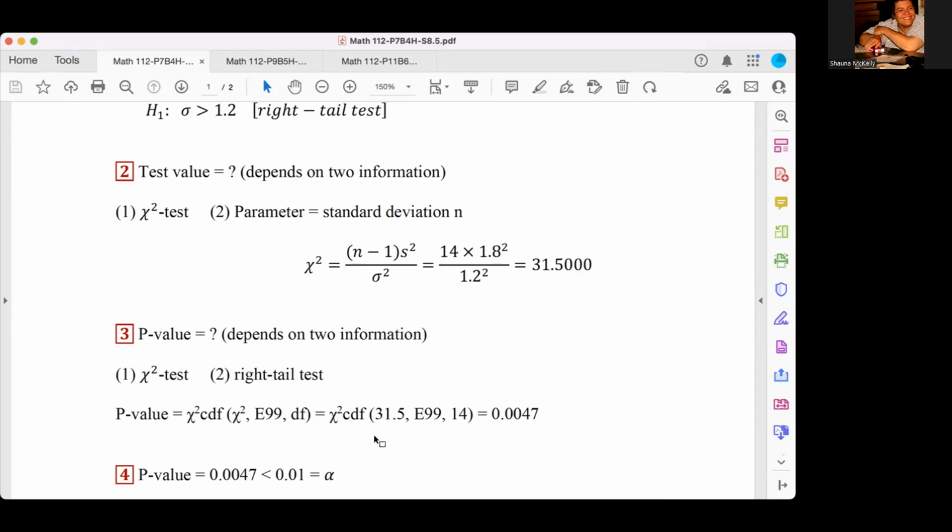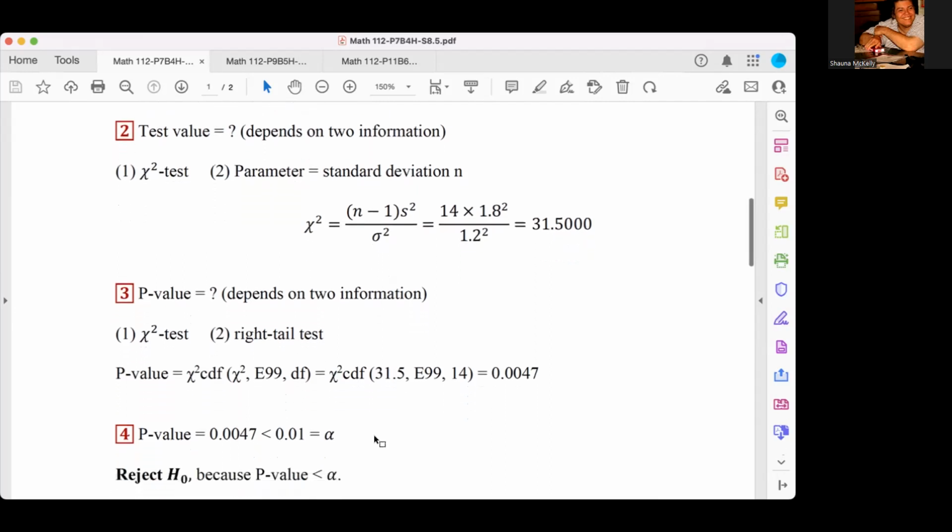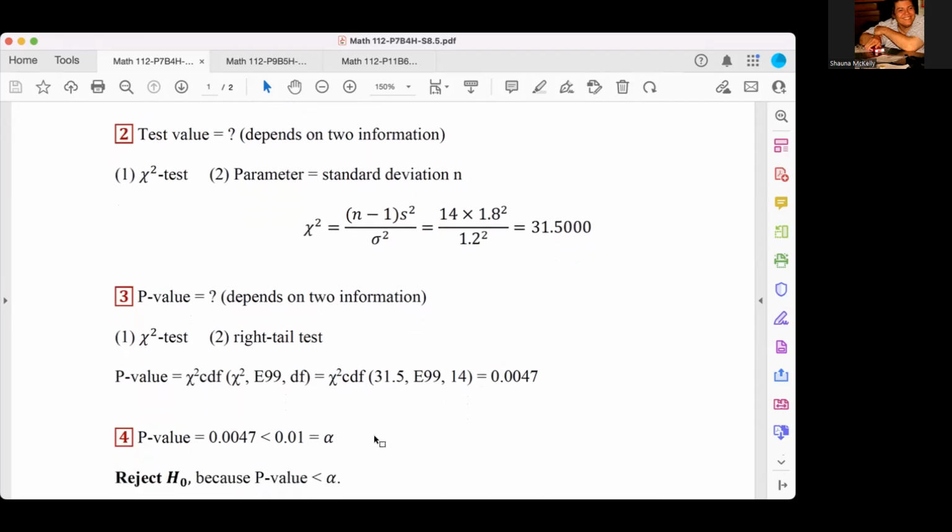If you look at the formula sheet or the lesson, if p-value is less than or equal to alpha, you reject null. Why are we rejecting null? Because a small p-value, less than alpha, means your p-value is inside the alpha region, the critical region. So we're going to reject null.